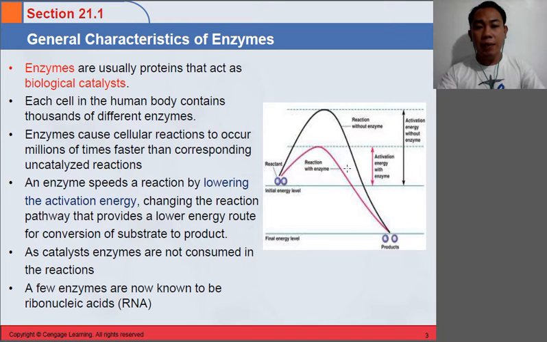As you can see, the reaction without the enzyme has a higher activation energy, while the reaction with the enzyme proceeds faster because the activation energy is lower, thus it can produce products faster compared to the reaction without the enzyme.